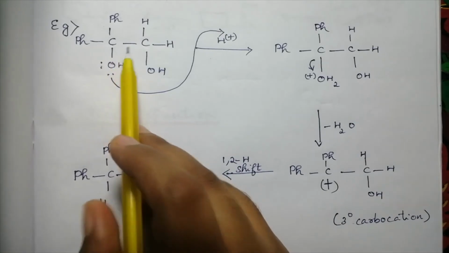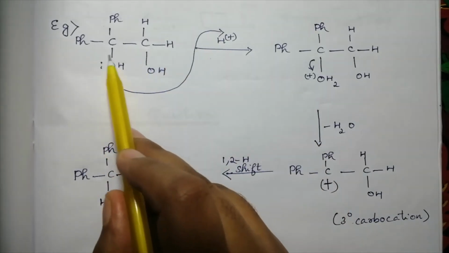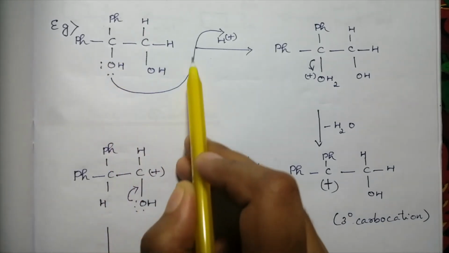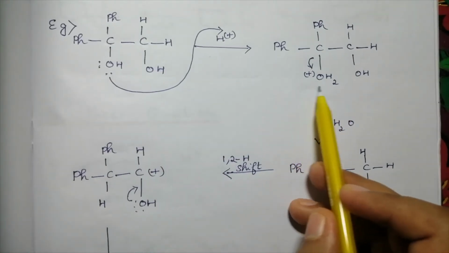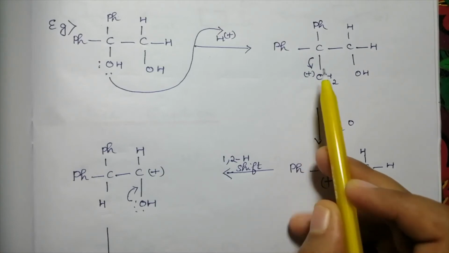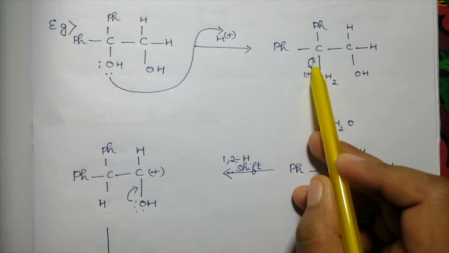In the first step, we have my H plus here. The OH group on this carbon atom has lone pairs that can easily abstract this H plus, and it would form OH2 plus. As we can see here, OH2 with the positive charge is being formed. Since there is a positive charge, the C-O bond would now break.